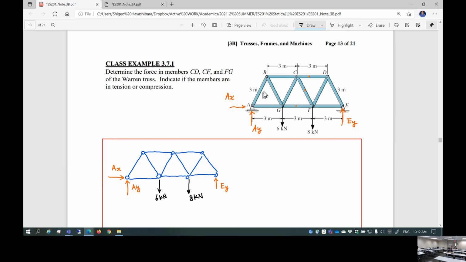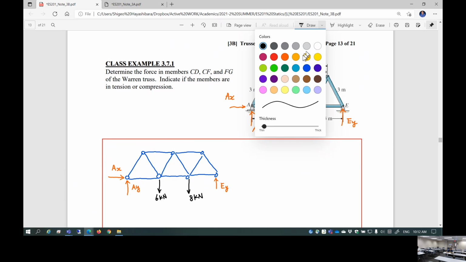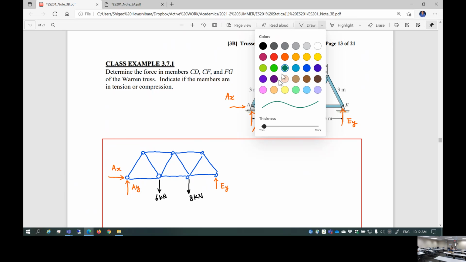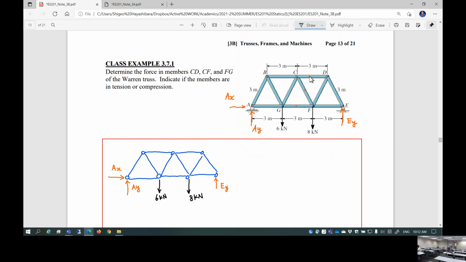So the very first thing here is, I want to find where I want to cut through, because I want to know CD, CF, GF. So I'm going to cut through this line. This is the cut.